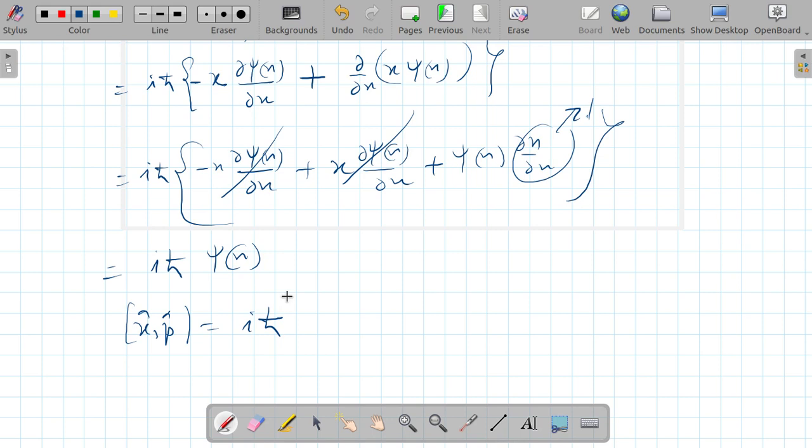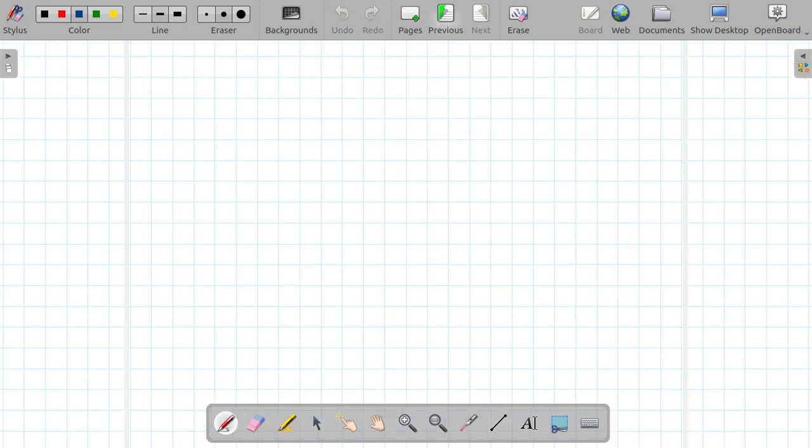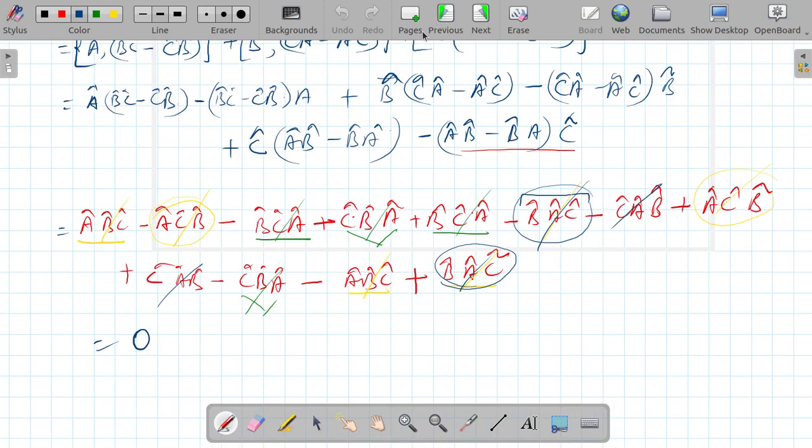Then there is another very interesting property which I missed. Let me go back to that. This is another property.